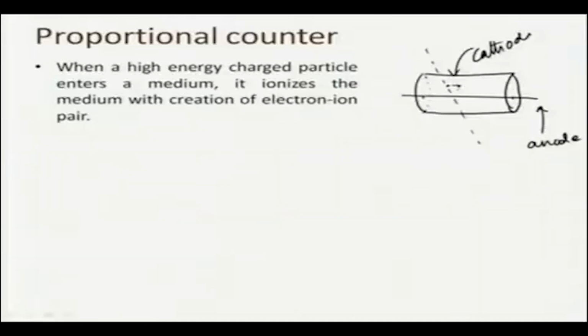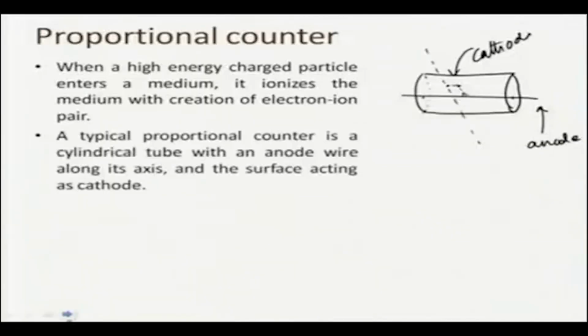So, it slowly goes, and then as it gets sufficiently large energy, suddenly an avalanche happens, and there will be a shower of electron-ion pairs produced, and a lot of these electrons near the anode are absorbed by the anode. This is one of the basic types of detectors, called proportional counters.